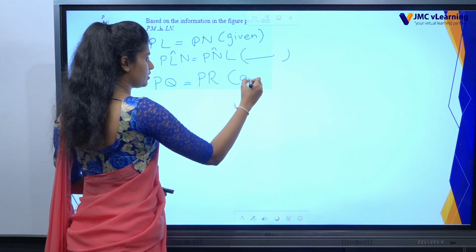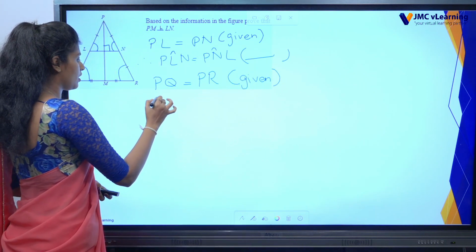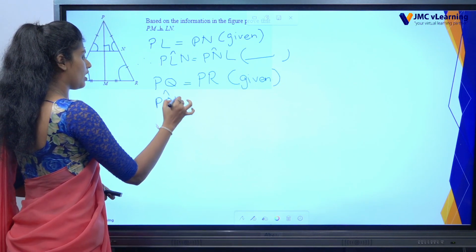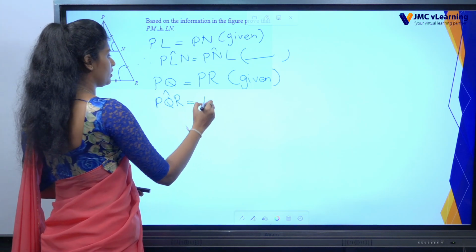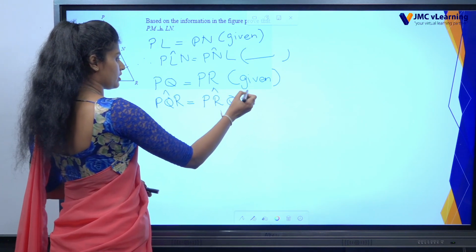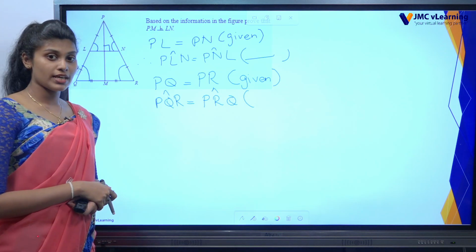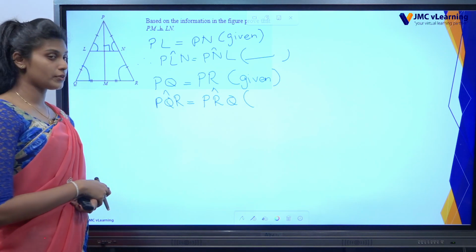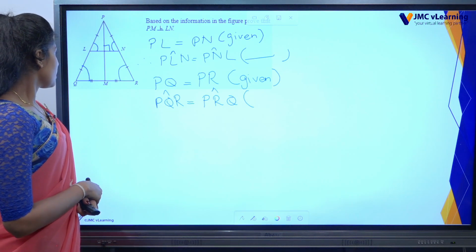They have given. Using this one, we can say PQR angle is equal to PRQ. The reason is the same. When two sides are equal in length, the opposite angles are equal in magnitude.